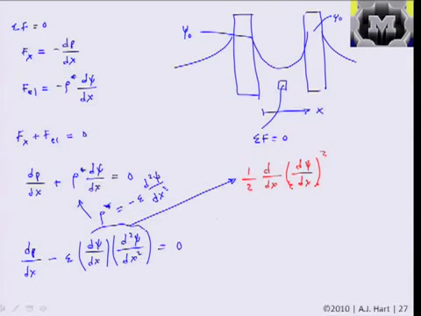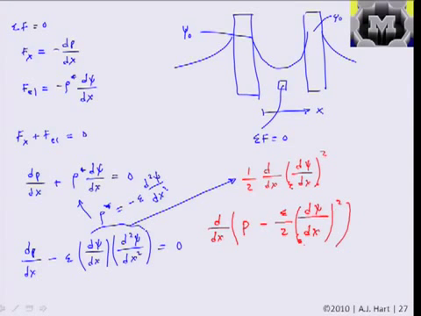And then we could combine this to write that now we have a first derivative of the quantity, the pressure, multiplied by the permittivity divided by 2 times d psi dx squared. And this is all equal to 0.